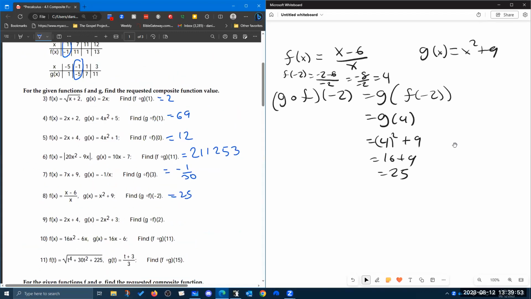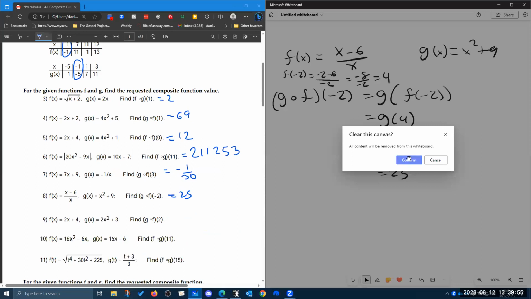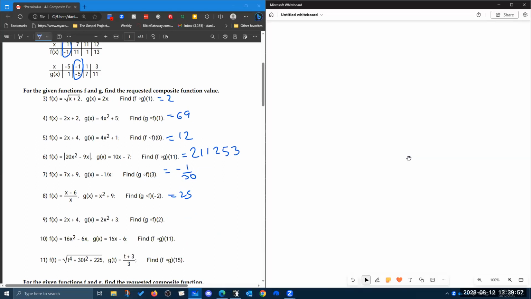Just a few more example problems here in this video. f of x is going to be 2x plus 4. g of x is going to be 2x squared plus 3. We want to find g of f of 2.